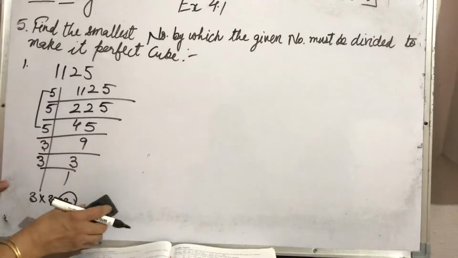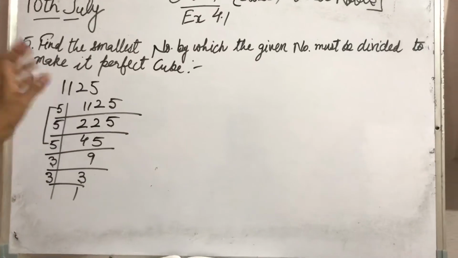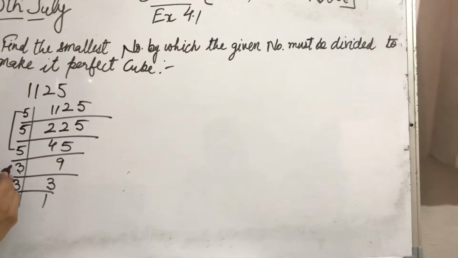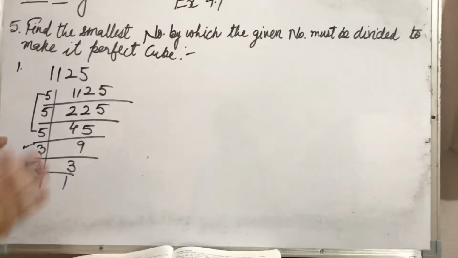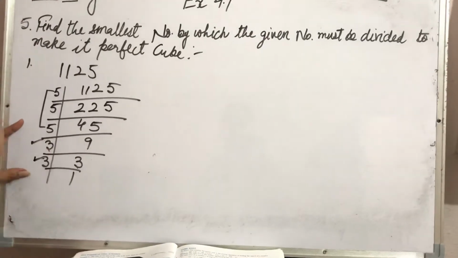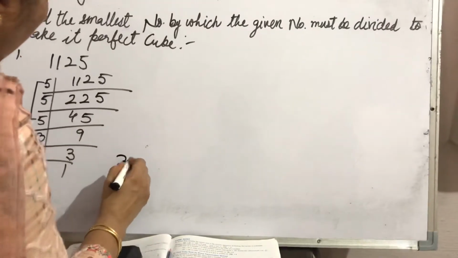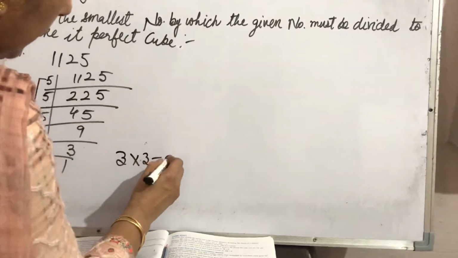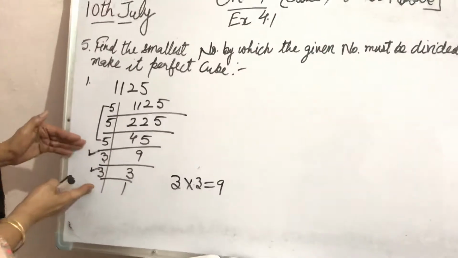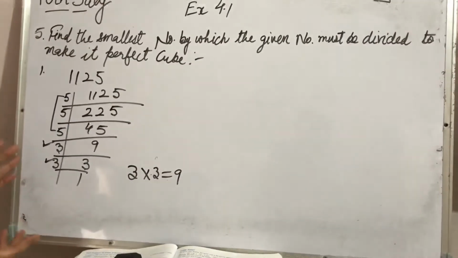But we need a number by which this number is divided. It means these two 3s we have extra. So we remove these extra 3 and 3. 3 times 3 is 9. If we don't have this 9, then there will be only the triplet. It will be a perfect cube.